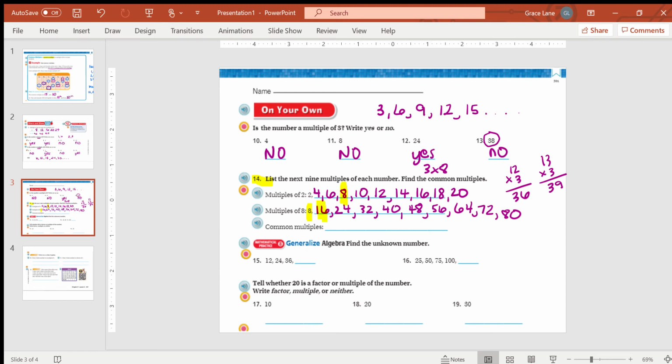I see that they both have 16 in the list. And looking at the rest of both lists, I don't see any more that they have in common. So the only 2 multiples that they have in common are 8 and 16.